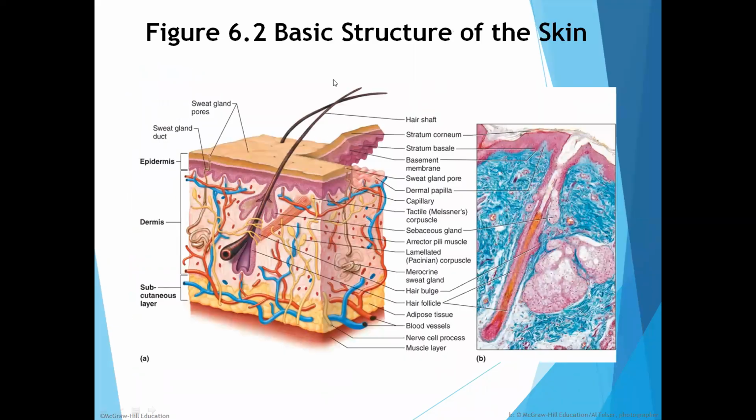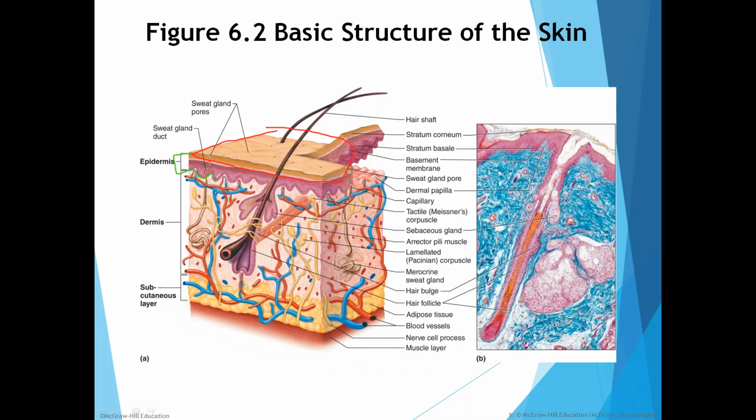All right, so here's a really good picture to be able to see and identify a lot of things. When we think about this top layer of skin, think about that being that stratified squamous epithelial tissue. And then what you're going to see is, again, the superficial layer is going to be your epidermis.